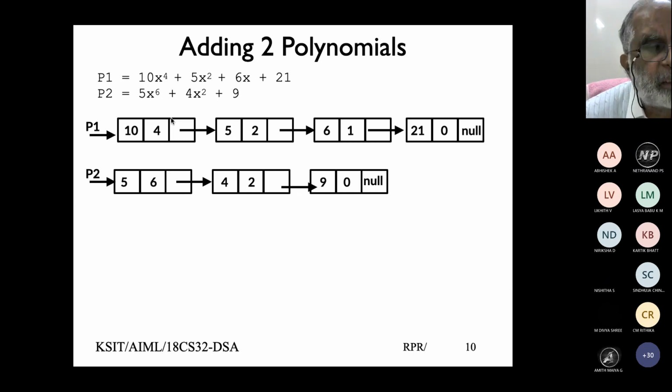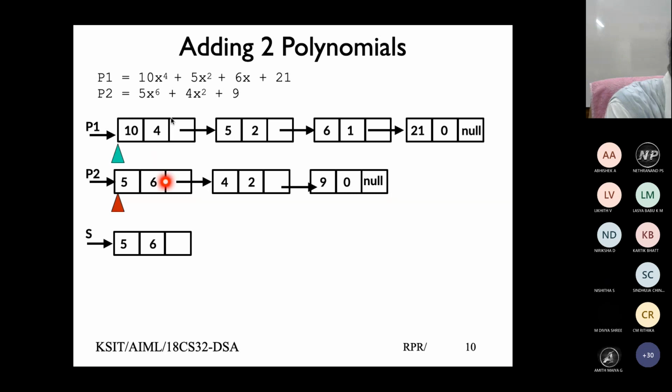If exponents are the same, add the two coefficients and then put this node into the list. If the exponents are different, look at whichever one is higher, put that term into the list and keep moving. We've taken the example, so start both traversals and compare the exponents. Since this exponent, x power 6, is higher, we copy this node into the result sum and move this pointer to the next node.